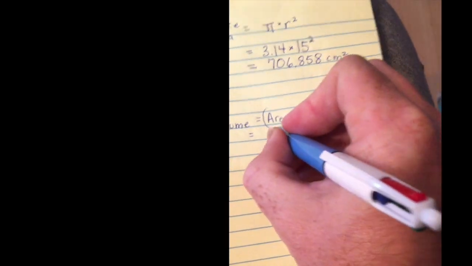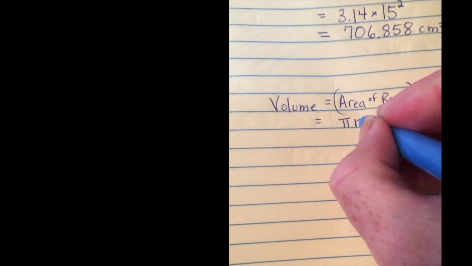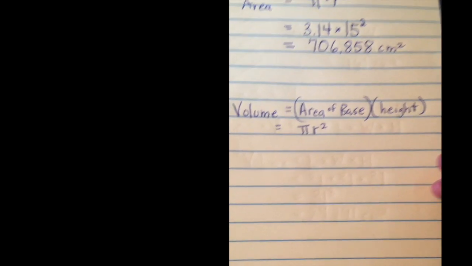And that was 31 centimeters. Okay, so the volume now of a cylinder, the area of the base, because it's a circle, is now pi r squared. And the height, well, we'll just leave it as h, height.